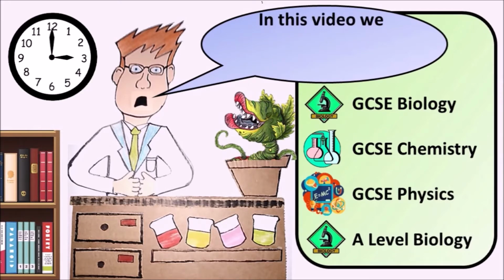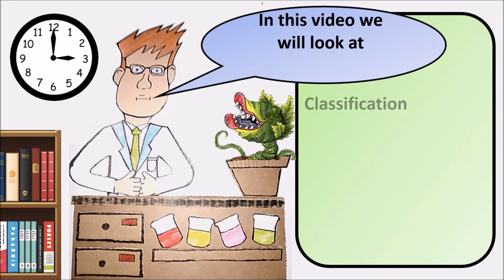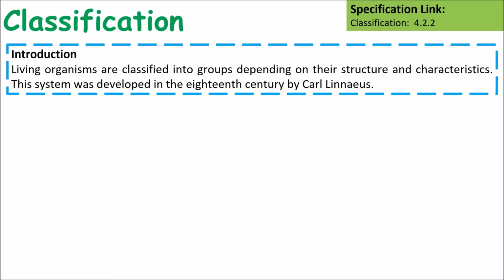In this video, we will look at classification, Carl Linnaeus, and the three domains. So, living organisms are classified into groups based on their characteristics.